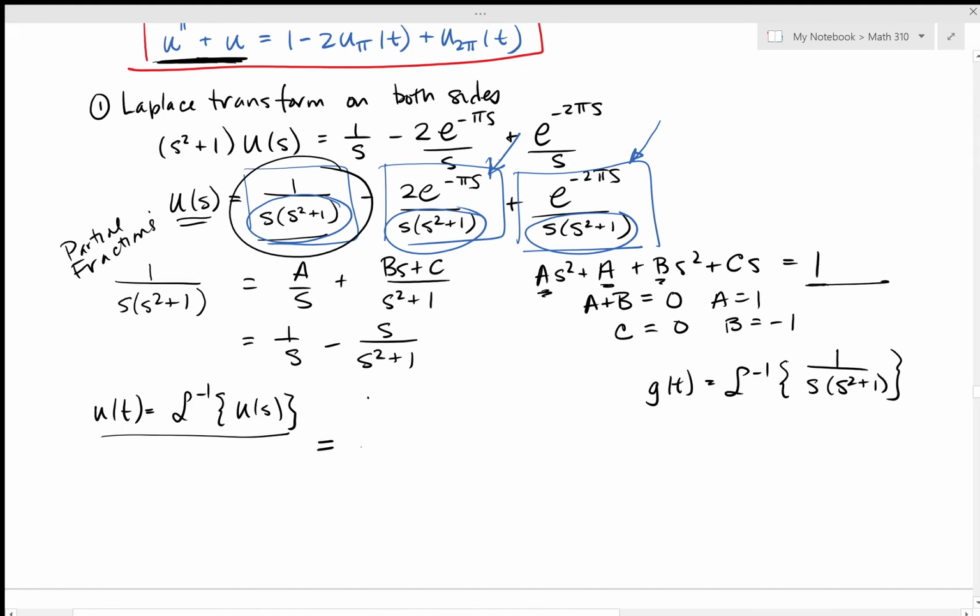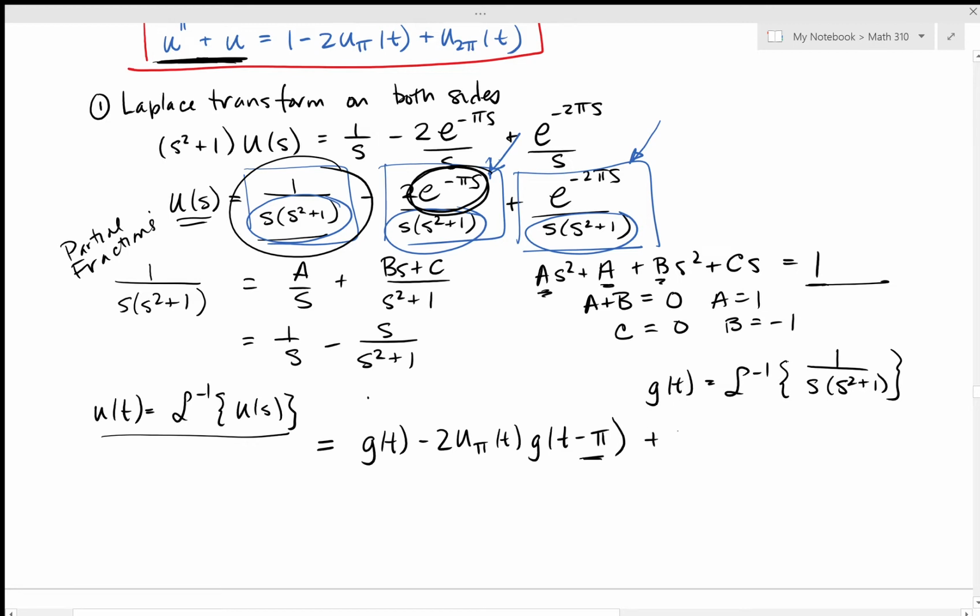That is going to be g of t, that first one. And then the next one is going to be minus 2 u pi of t, g of t minus pi. That is the effect of this thing right here. It's a shift in the time domain.